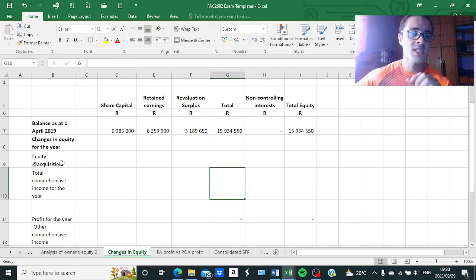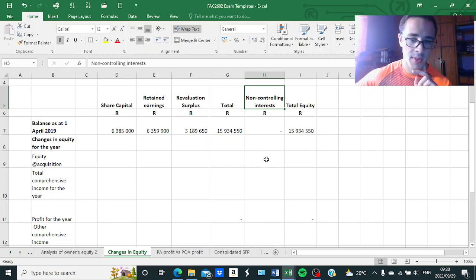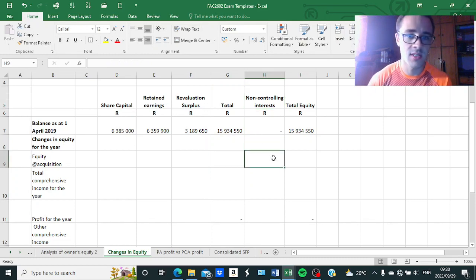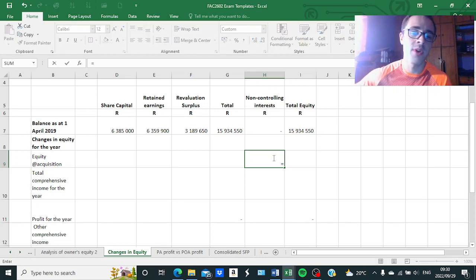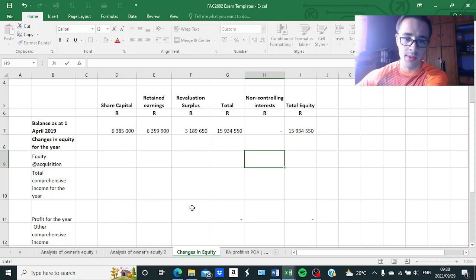Alright. So equity at acquisition, we are only interested in non-controlling interests. Okay. So what was the balance of non-controlling interests at acquisition? Now remember, we need to take our preference share capital into account as well as our ordinary share capital.